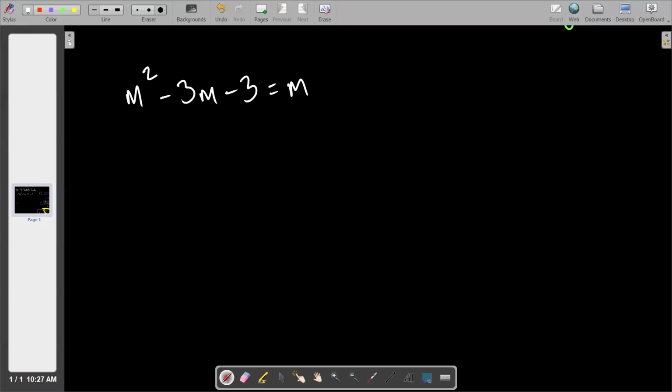Good job. So our actual equation that we're ready to solve is going to be what? m squared minus 4m minus 3 equals 0. You take a look at it and you'll see it's not factorable. So we proceed. What's a?